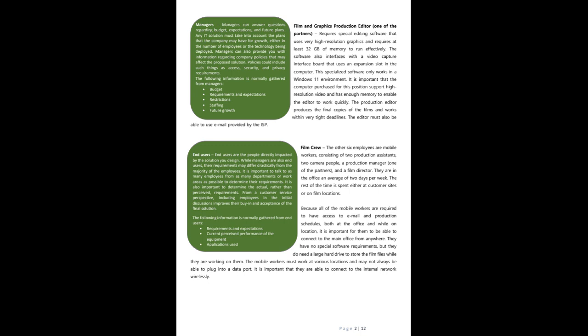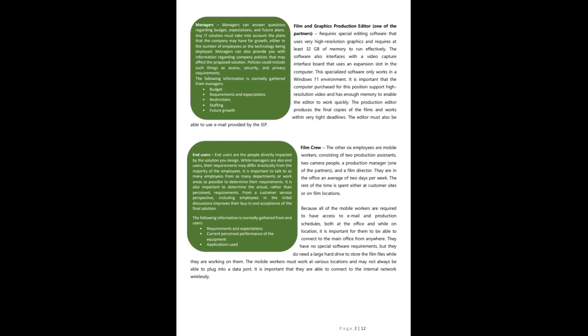Film crew. Okay, they are mobile workers, meaning they are on the run. They are working on remote sites, off campus, or off the headquarters. They have 2 production assistants, 2 camera people, a production manager, and a film director.